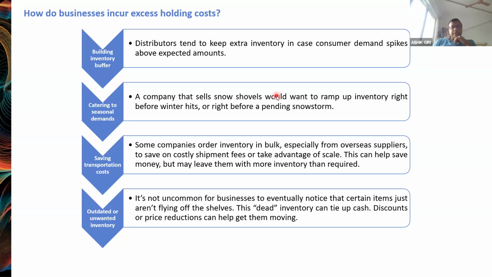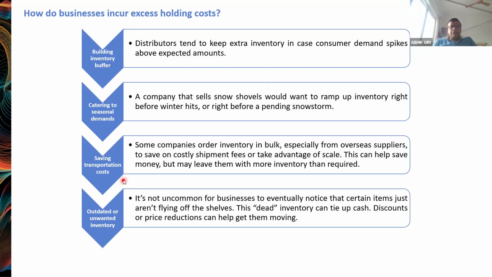For example, in the US, a snow shovel is a tool which you need to clear the ice in the winter season, so they might have stored too much. Or in India, retailers might be storing too many jackets and sweaters during the winter season.